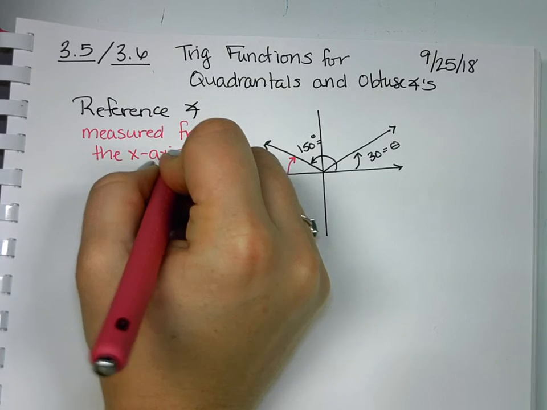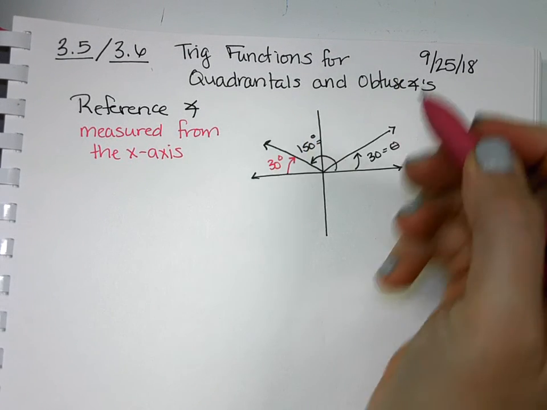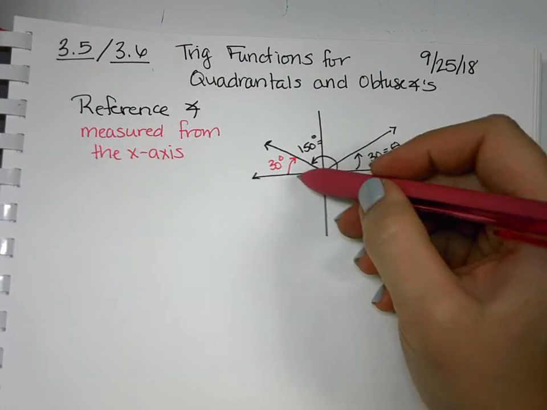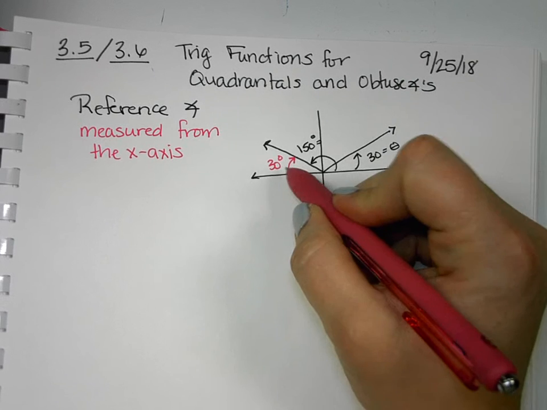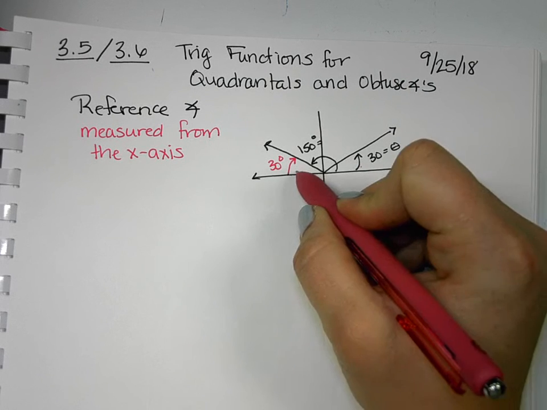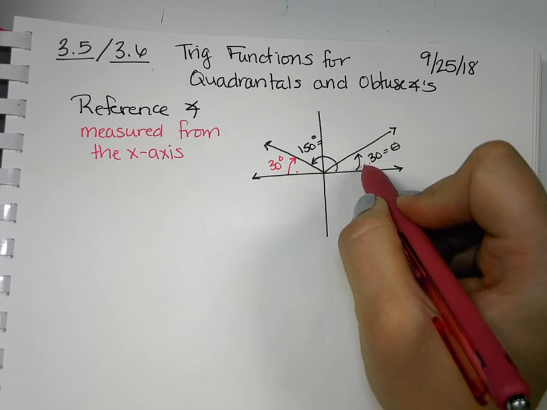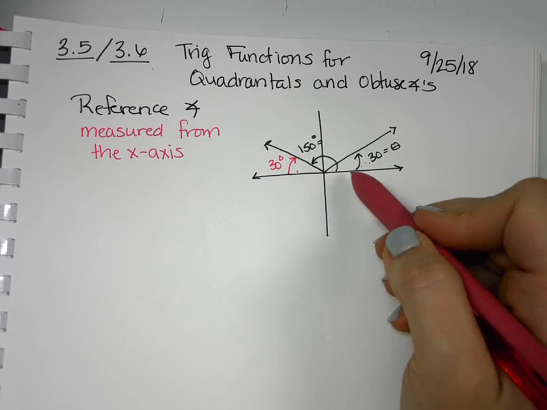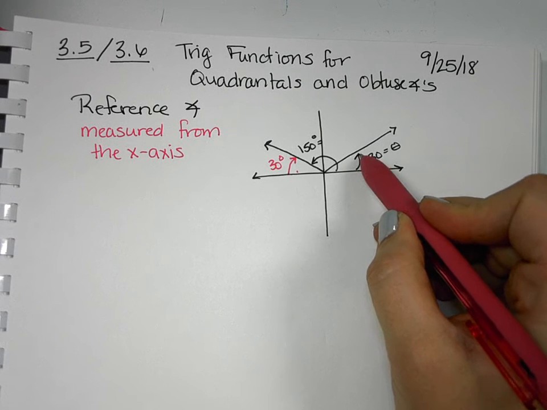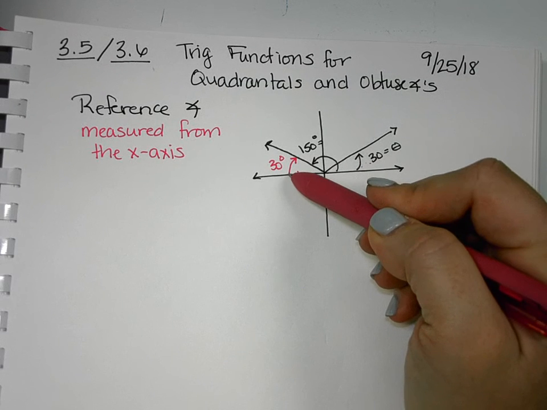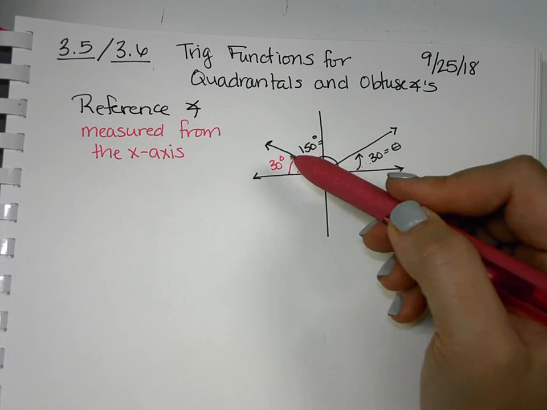So whether you're measuring from the x-axis up or the x-axis down, as long as it's coming from the x-axis, you're looking for the angle that matches your acute angle. So here, these both have a reference angle of 30. This angle is 30. This one, the measure from the x-axis to the terminal side, is also 30.